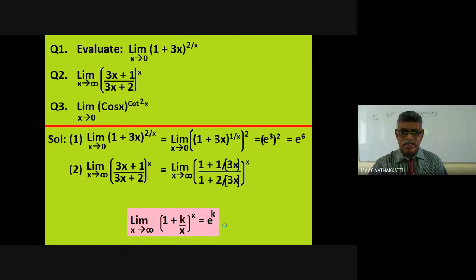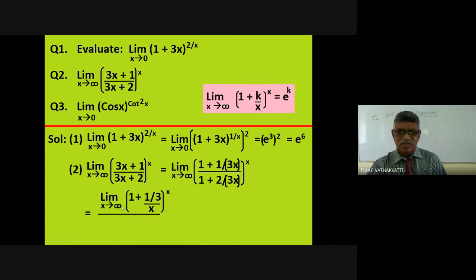Now I rewrite in this format; numerator and denominator I can separate into two limits. What will be the limit in numerator? Numerator I can write limit x tends to infinity, (1 plus 1 by 3 upon x) all raised to x, upon limit x tends to infinity, (1 plus 2 by 3 upon x) raised to x.